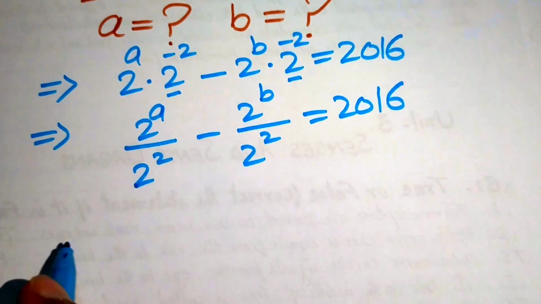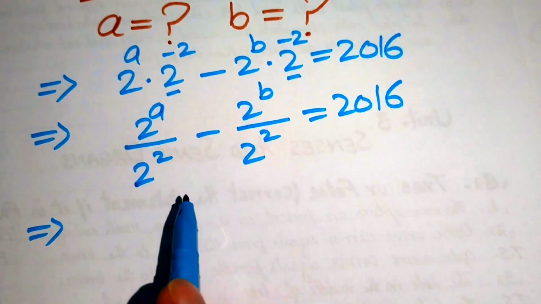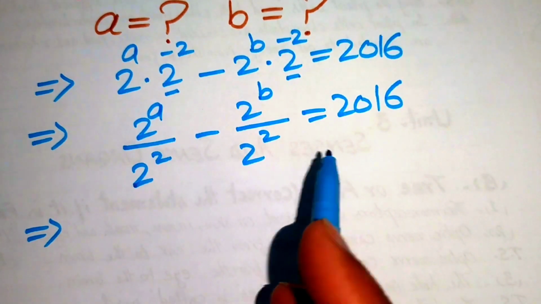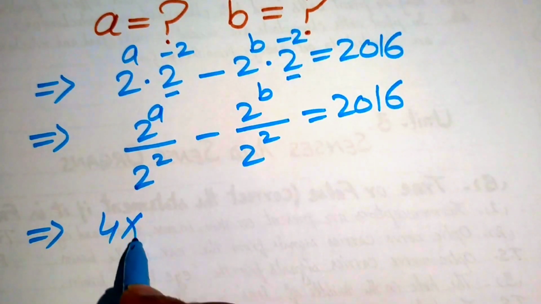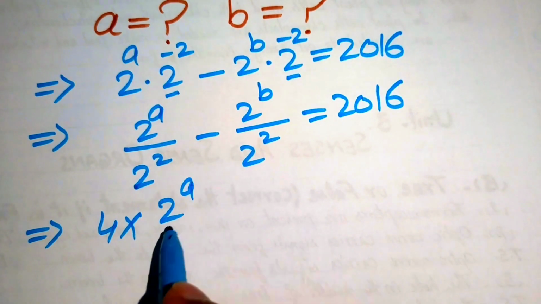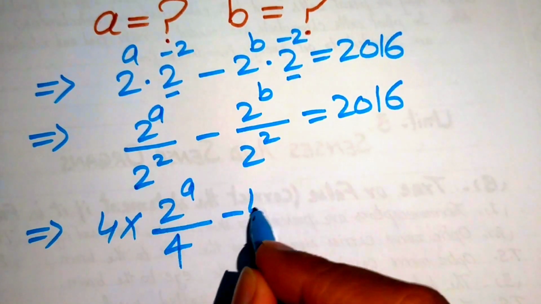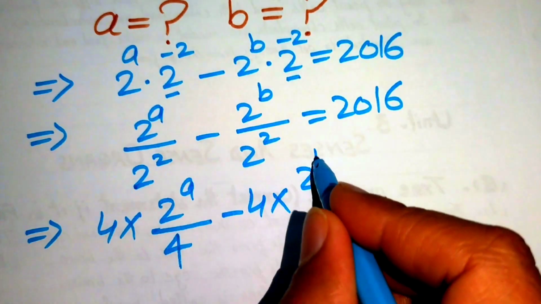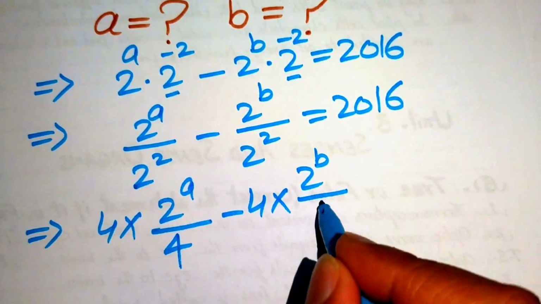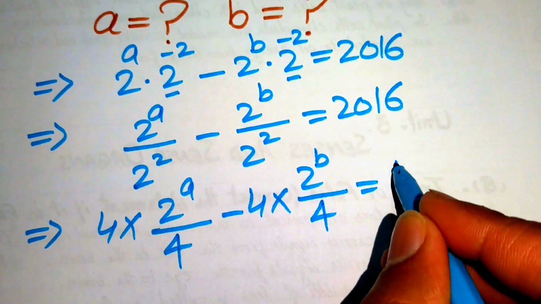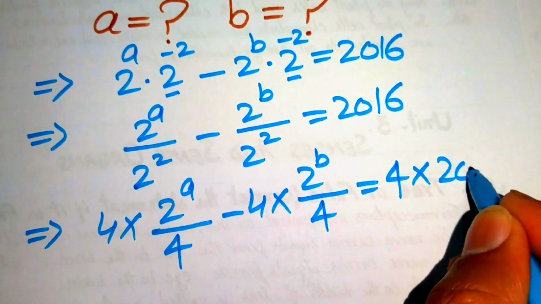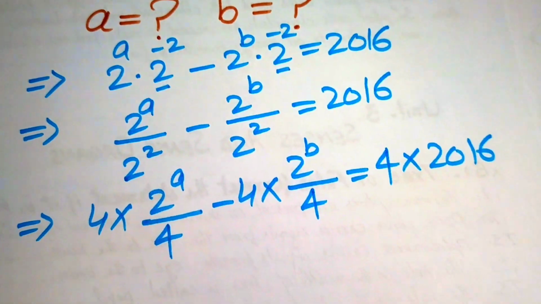And now in the next step we multiply both of the sides by 4, and we write it as 4 times 2 to the power of a over 2 squared, which becomes 4, minus 4 times 2 to the power of b over 2 squared, which becomes 4, equals 4 multiplied by 2016.